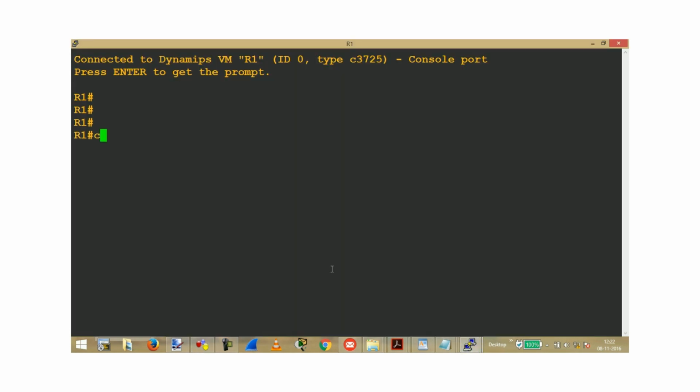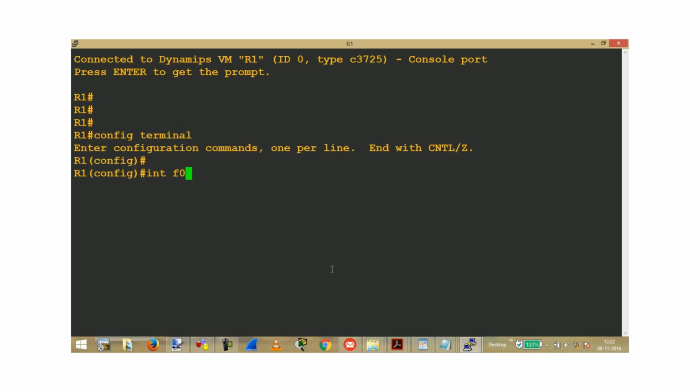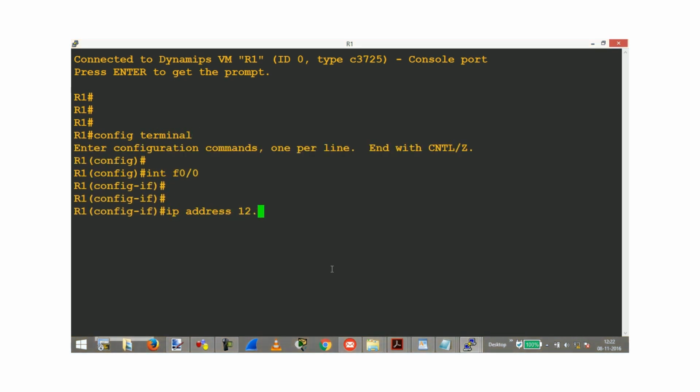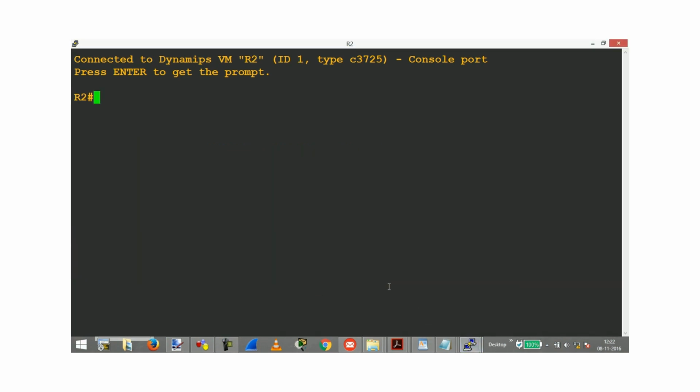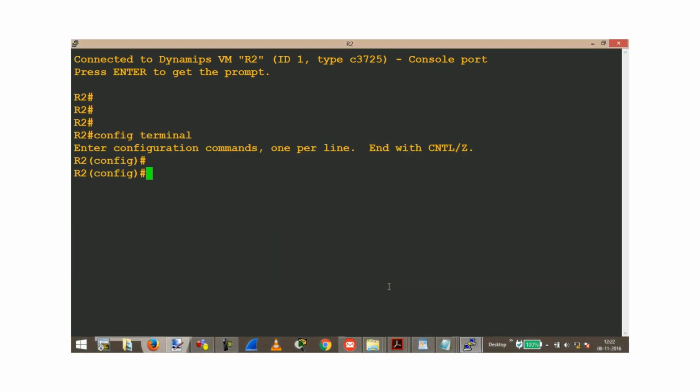192.168.1.4/24 is the network. So the total number of IP addresses within this network are how many? 256 total, and valid are how many? 254, because we know that inside each and every network there are two reserved addresses, network ID and broadcast ID.